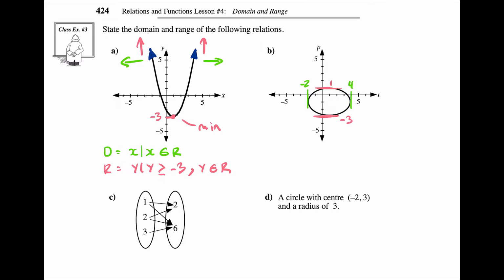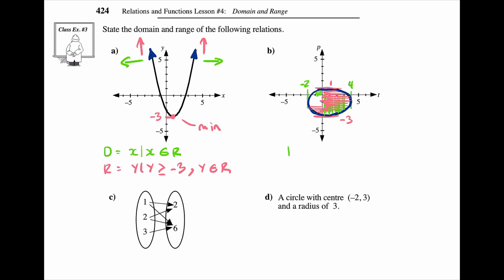So, because this circle is sort of all the way around like this, if I was to take any point on that line, I can go and sort of touch the x-axis, and if I do the same thing the other way, I can go over and touch the y-axis. Okay, so it's going to be all the values in between and including those points that I marked out.